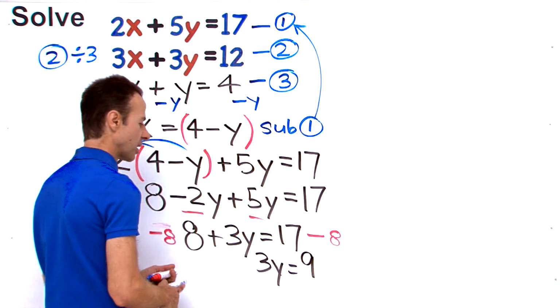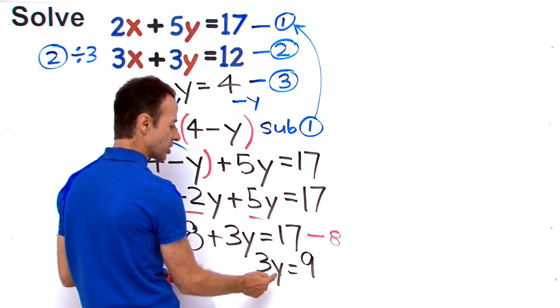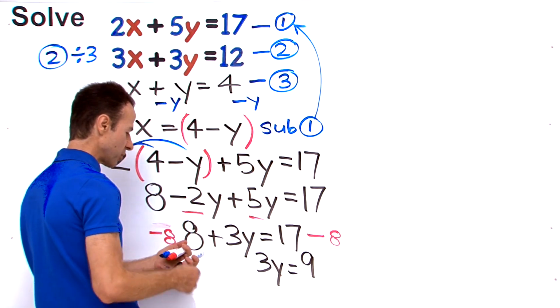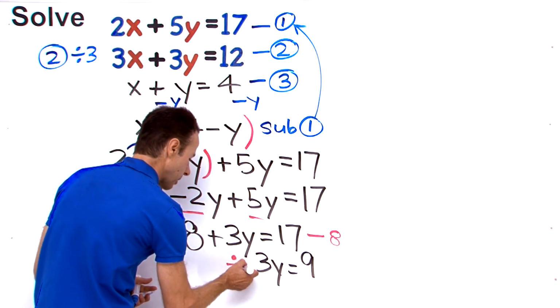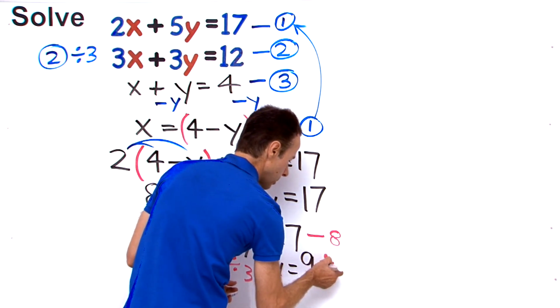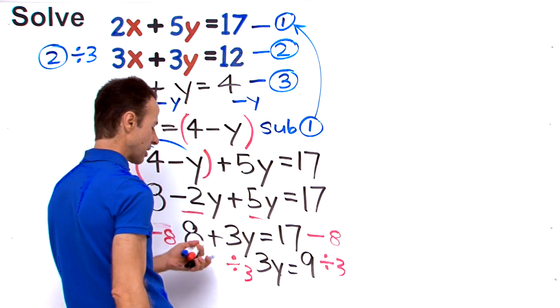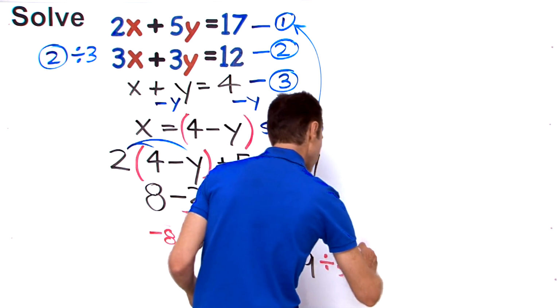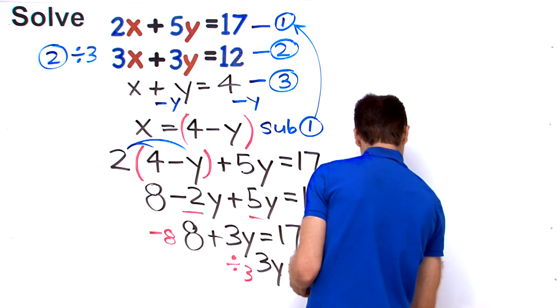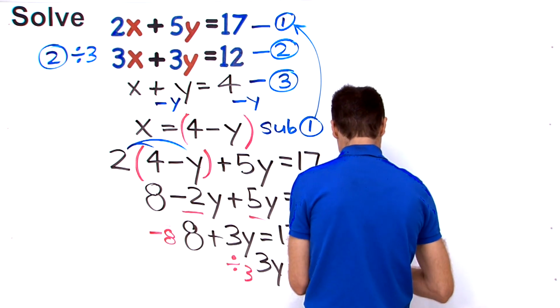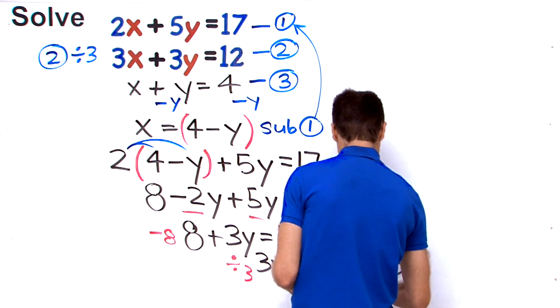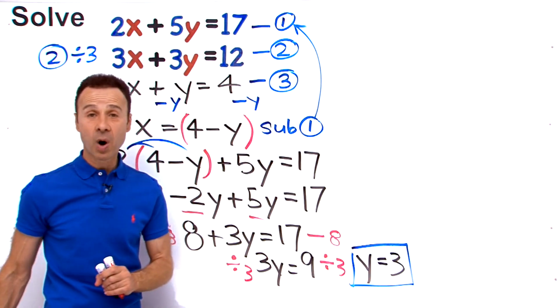All we have to do is divide both sides by 3 so we can get y. So divide by 3. That means y, 9 divided by 3, gives us a y value of 3. There's one of our variables, y equals 3.